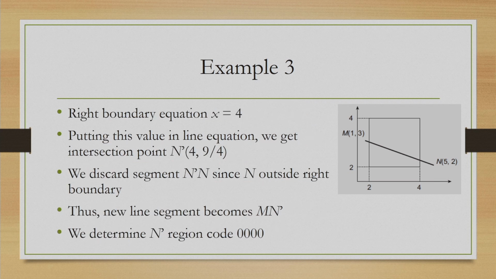Then we check for intersection points. So, the right boundary equation is x equal to 4. Using this equation and the line equation we get the intersection point to be N dashed (4, 9/4), that is here.